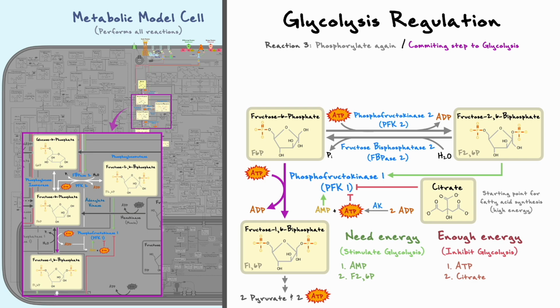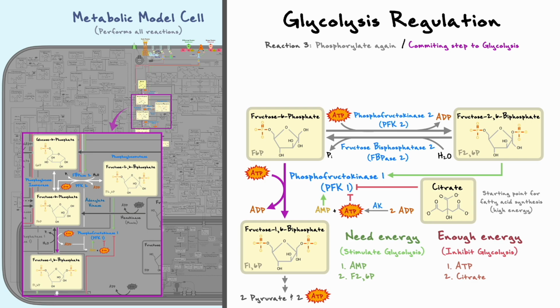So, as far as this pathway goes, F26P is simply made to boost the activity of PFK1. The simple way to interpret the modulation here is that basically F26P is an indicator of F6P accumulation, and as such, it will stimulate PFK1 to get rid of the F6P and keep the pathway flowing.